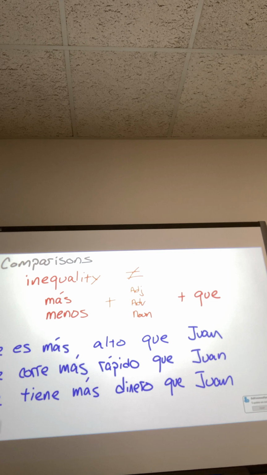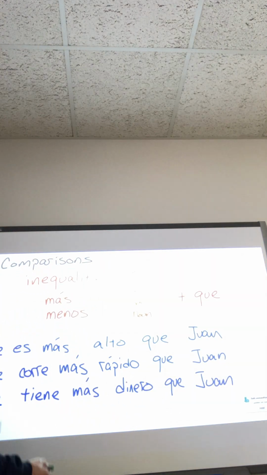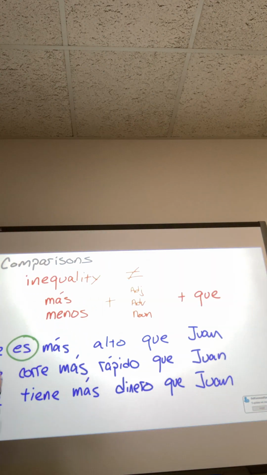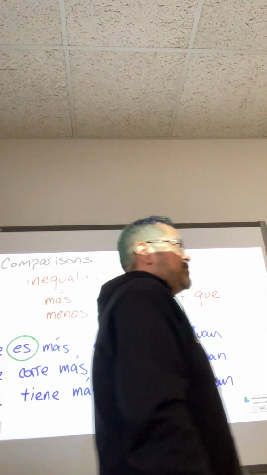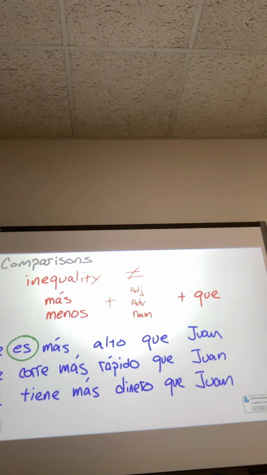The only thing you have to watch out for is the main verb you're using. For adjectives, obviously, to describe things, we use the verb ser, okay? I apologize for not making the names more diverse. I had to write them quickly.